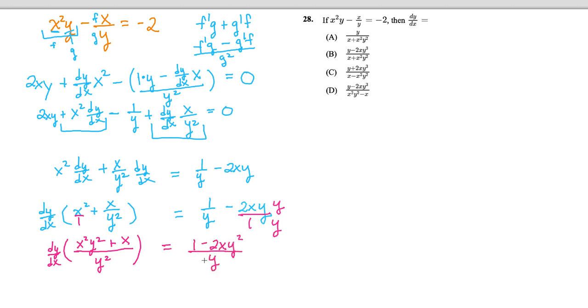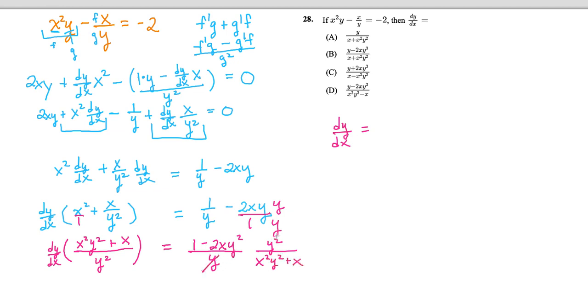And now when I divide, I want to change flip, so that way I get dy dx is equal to, when I change flip, I'm dividing this by this one, the y squared is going to come up here, and then the x squared y squared plus x is going to go on the bottom.